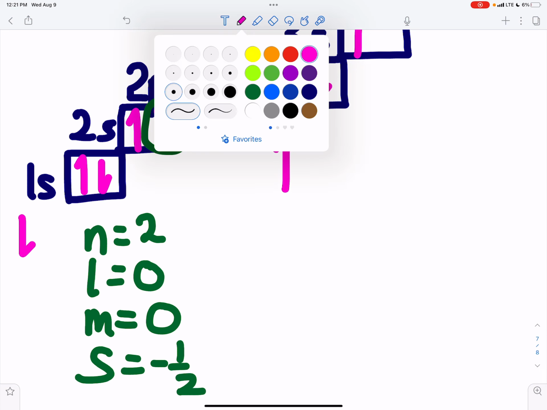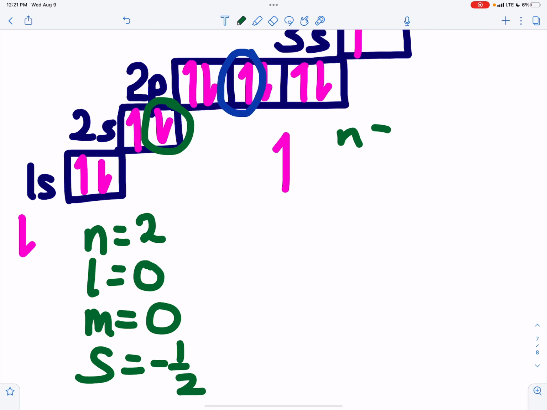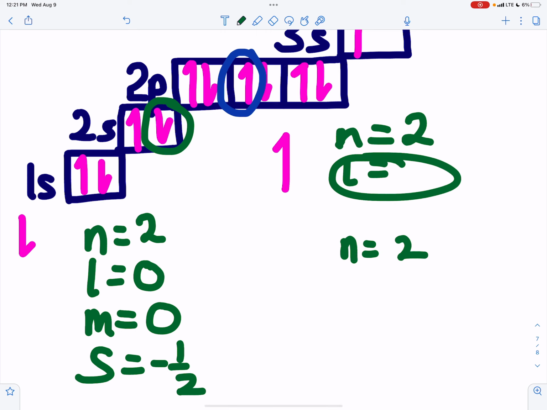But let's start from the principal quantum number. What is its principal quantum number? It is located in the second shell. So its principal quantum number will be 2. What's its subsidiary quantum number? You have to check. When n is 2, L can be either 0 or 1.